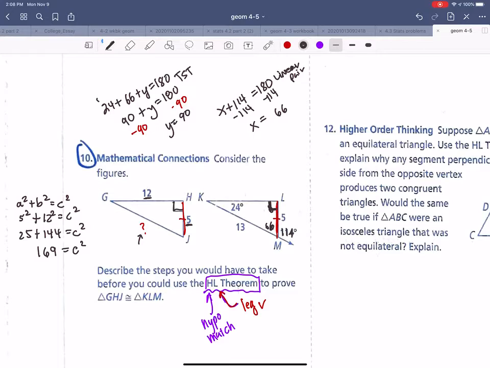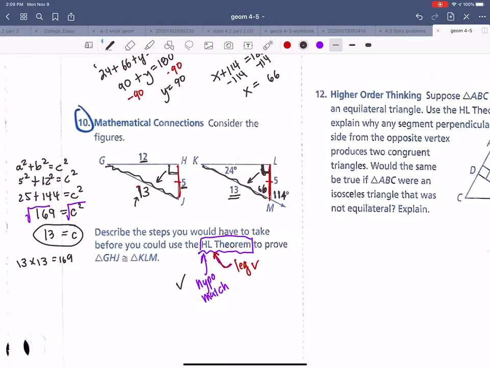And then you're like, well, that number looks too big, and it is, because that's not what c is, that's what c squared is. So if I take the square root, I get 13. Apparently 13 times 13 is 169, and so that makes sense. So we've confirmed using the Pythagorean theorem that the hypotenuses do match, because this is 13, and that's 13.